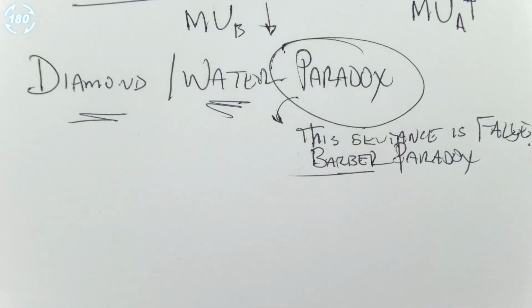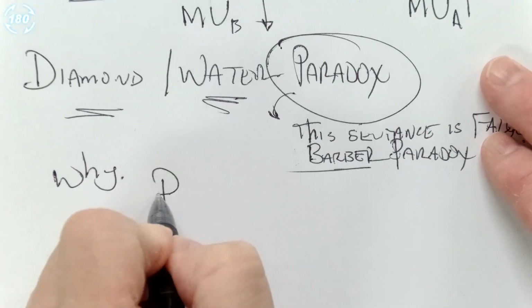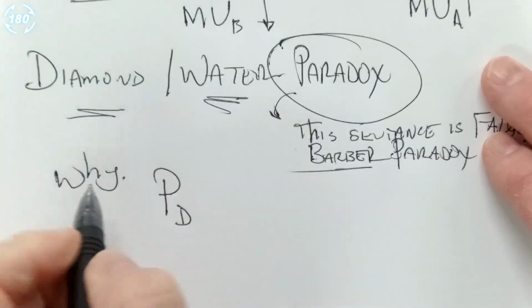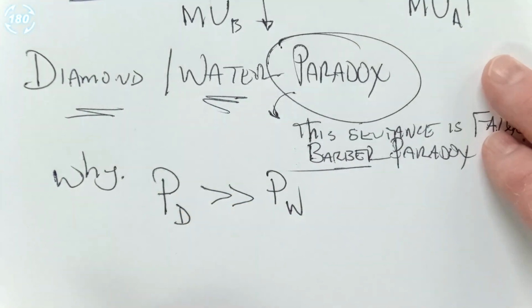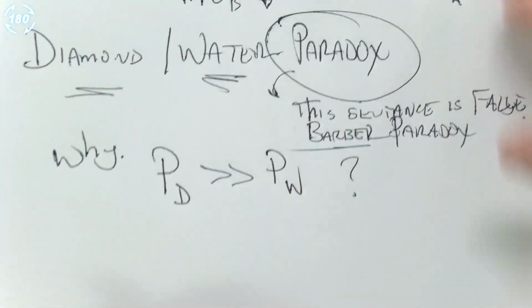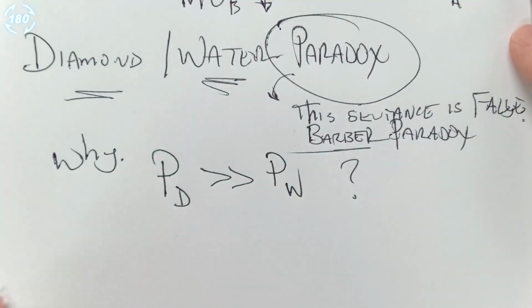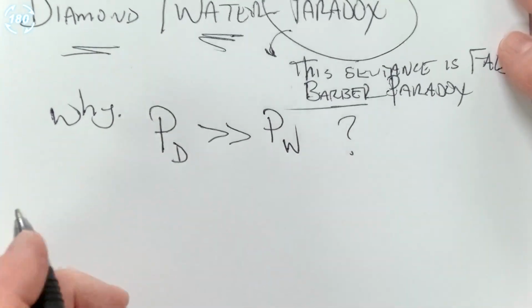The question is, of course, why is the price of diamonds, we'll just say P sub D, so much greater than the price of water? And as you mentioned, it has to do with supply. Here's the deal: because there's so much water, and we can consume water kind of at will, there's no big deal there.